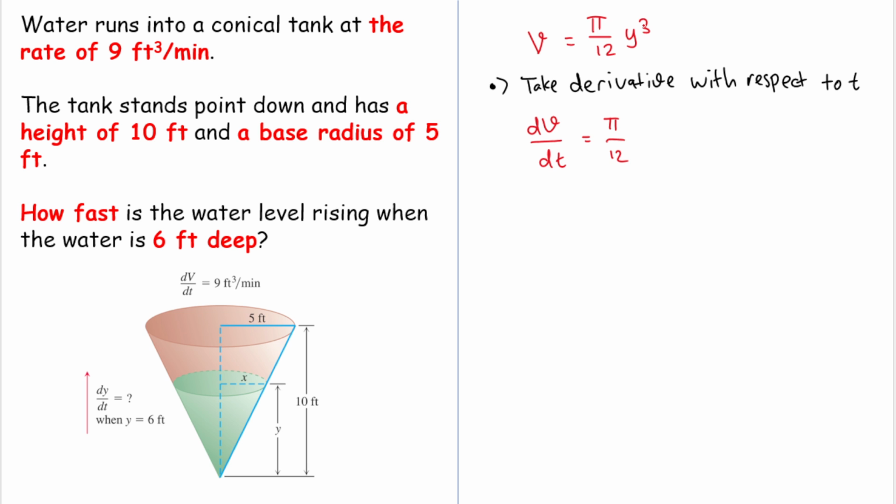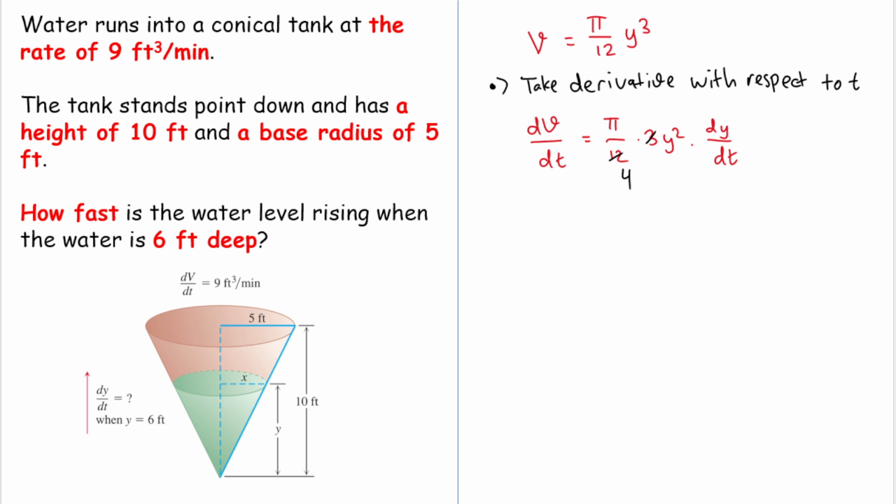Good. And we can use the power rule to take this derivative. So I will have 3y squared. But remember, y is also a function of time, so we need to use the chain rule. So we need to multiply this by the derivative of y. So we will have dy dt like this. Good. Now 3 and 12 will cancel into 4.